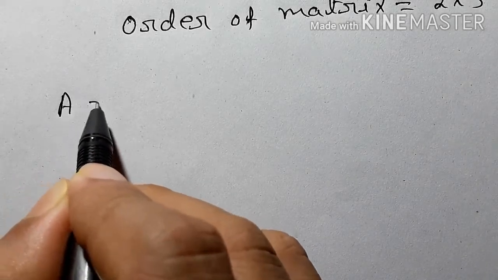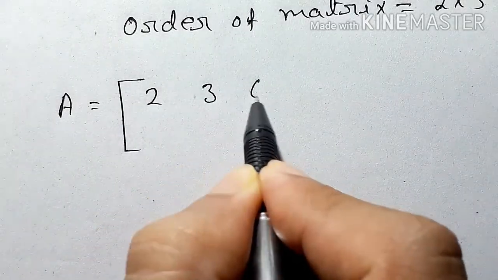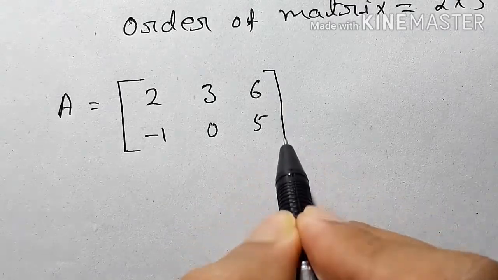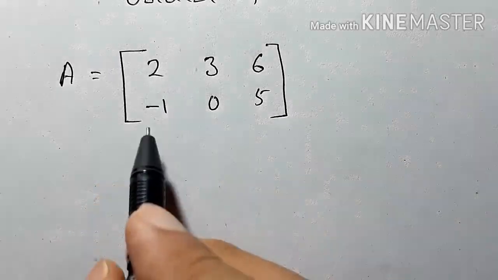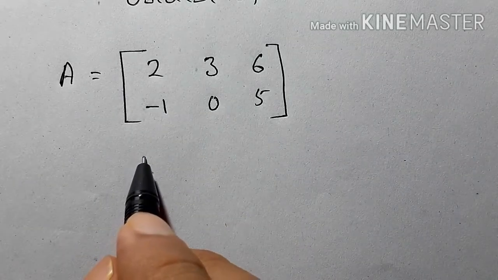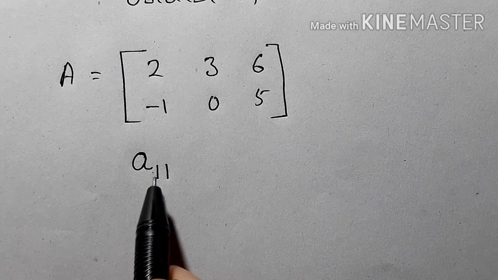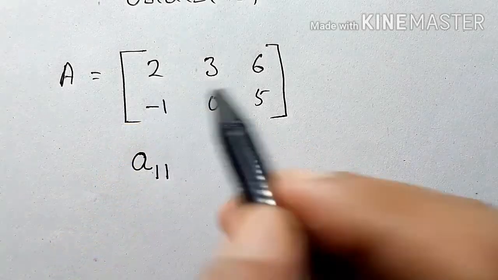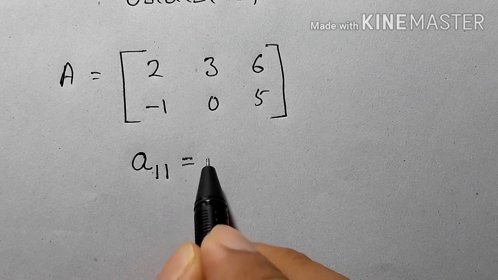Matrix A equal to 2, 3, 6, -1, 0, 5. Okay, now let's see this element is represented by A11. This one is row number 1, second number is column number 1. So A11 is equal to 2 here.